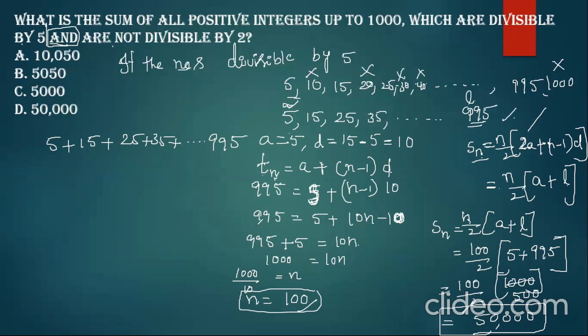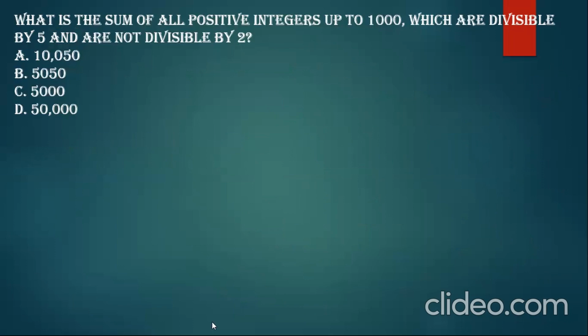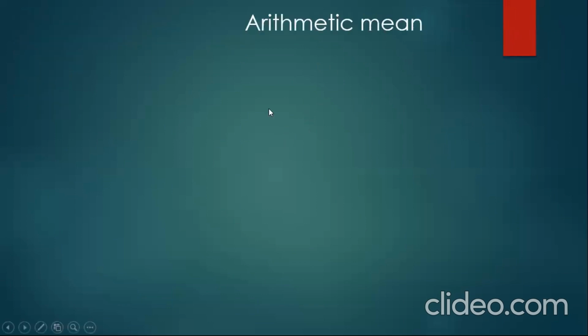Let us move to the next part of the AP. What is the next part of the AP? Let me take three terms, A, B, C. These are in AP.